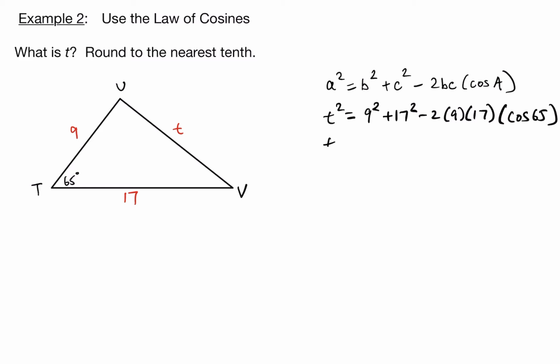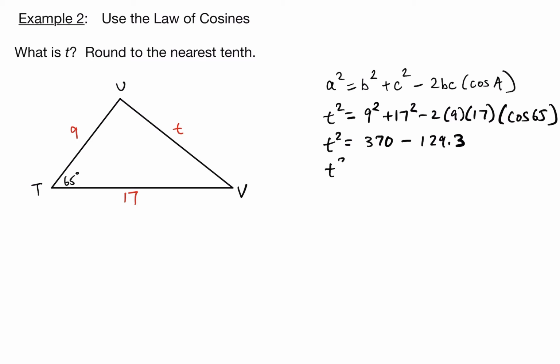Okay, punch those numbers in, and let's see, 9 squared is 81, plus 17 squared gives us 370. And then the product of 2 times 9 times 17 times cosine of 65 gives us 129.3.